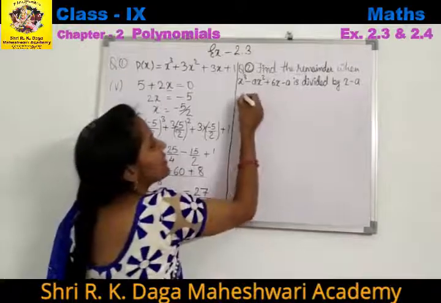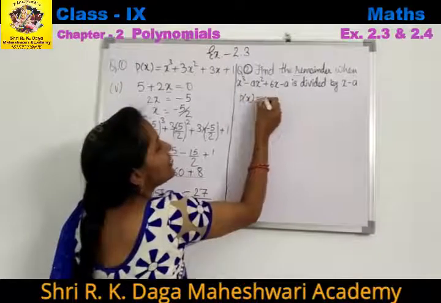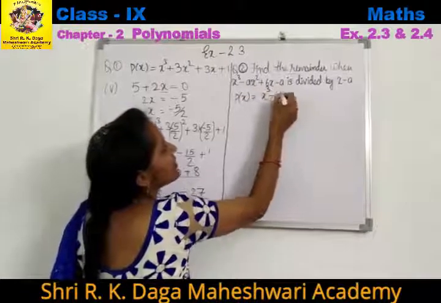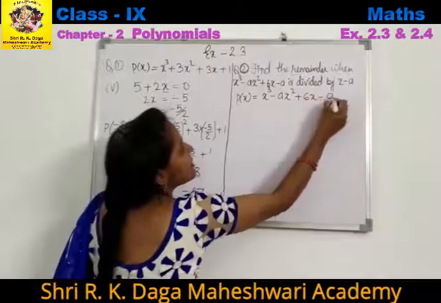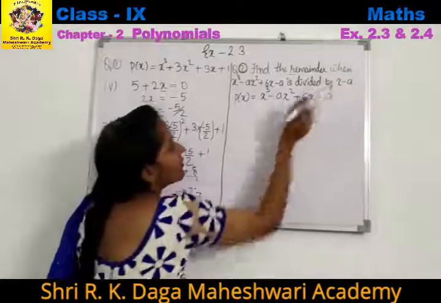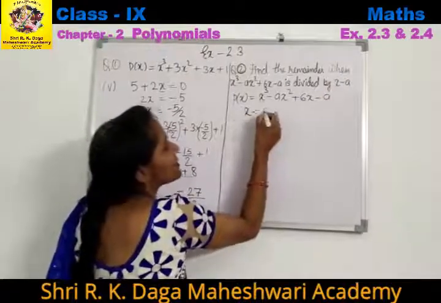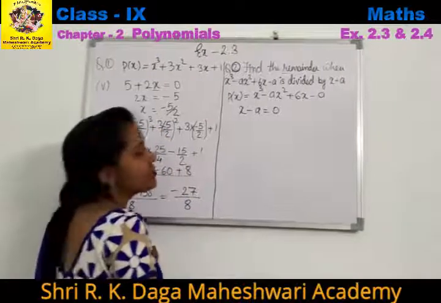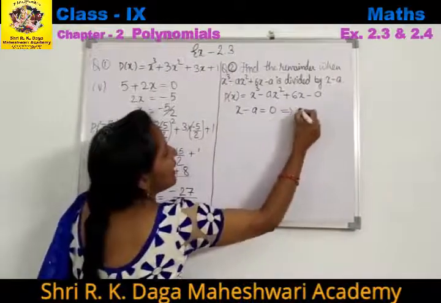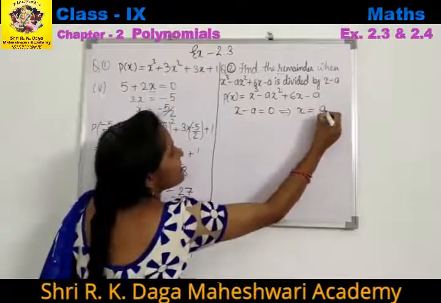So first we will write p of x equal to x cube minus ax square plus 6x minus a. Now we have to divide this polynomial by x minus a. So we will put this equal to 0 to get the value of x as a.